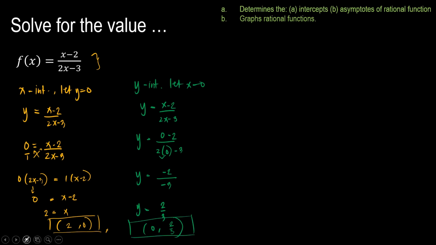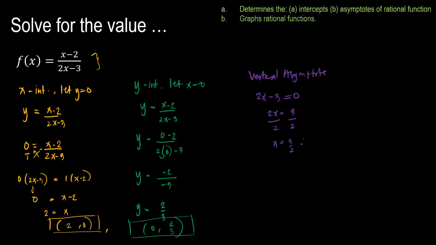Okay, now let's get the vertical asymptote. So again, the vertical asymptote we're looking for, we're going to equate rather the denominator equal to 0. So 2x minus 3 is equal to 0. 2x is equal to 3. Divide both sides by 2. You will have x is equal to 3 halves. Okay, para mabilis tayong mag-plot mamaya class, si 3 halves, convert nyo na sa decimal.